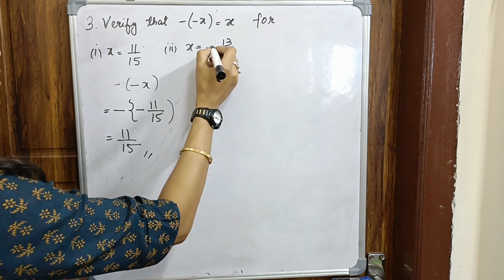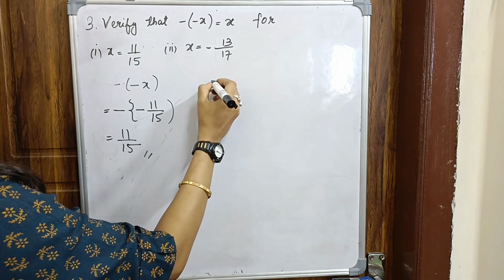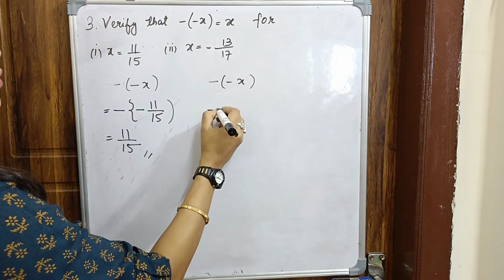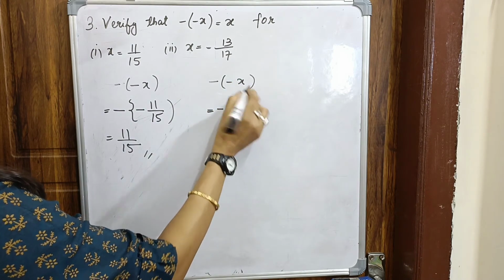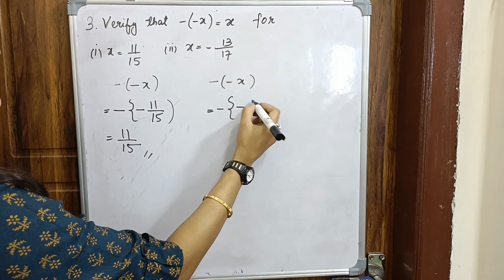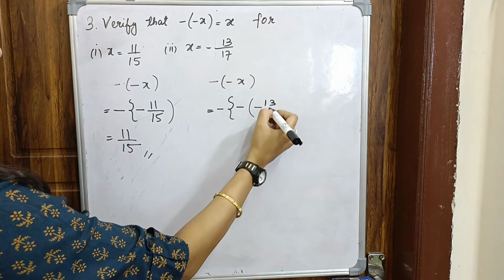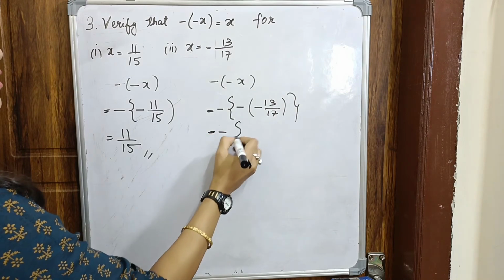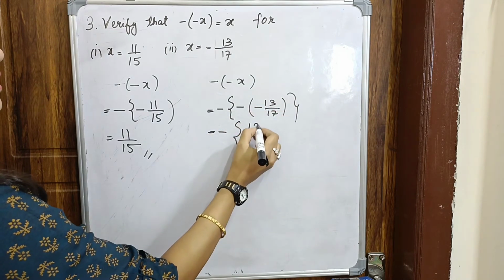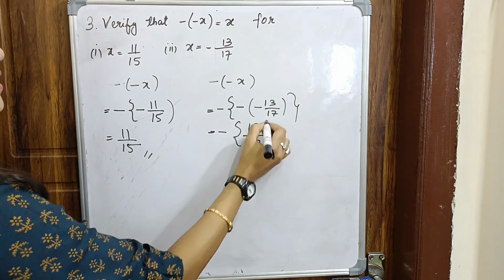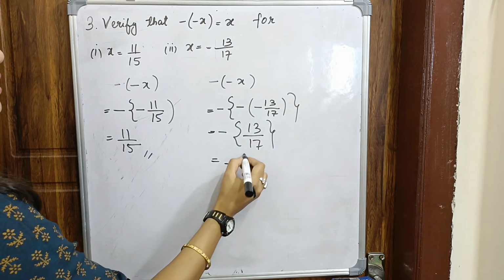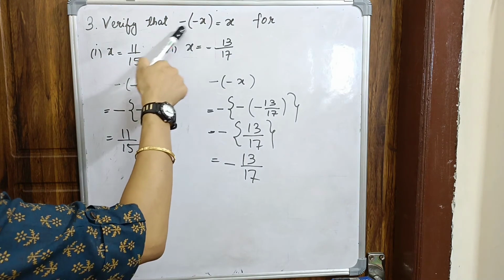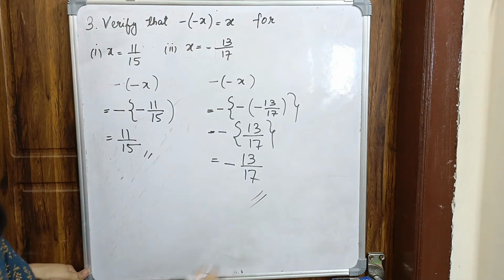Same way we'll do for this. Minus of minus x equals to minus of minus 13 by 17 equals to minus of minus and minus is plus 13 by 17 equals to minus 13 by 17. So minus of minus x is x.